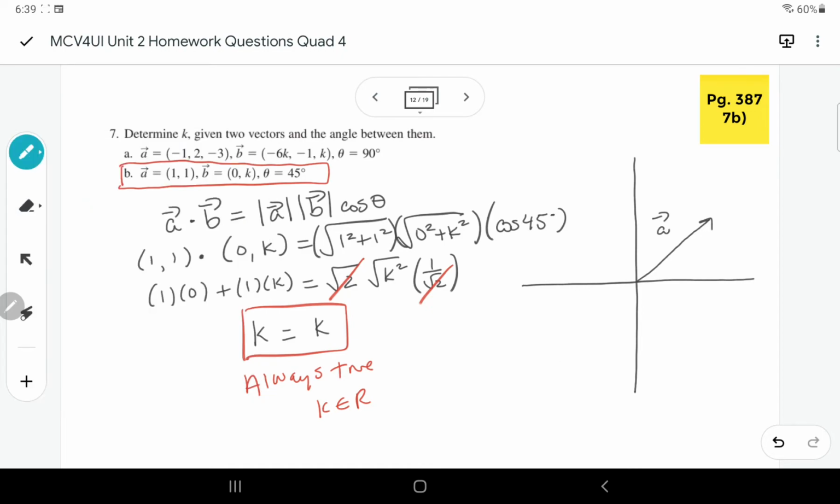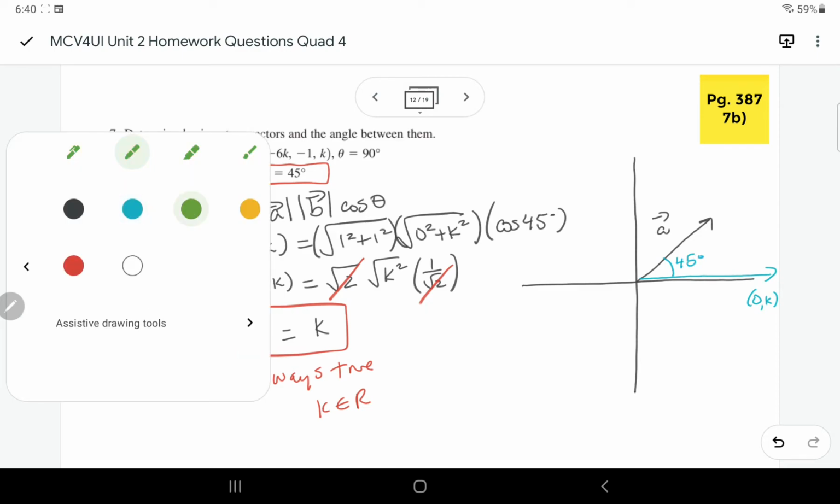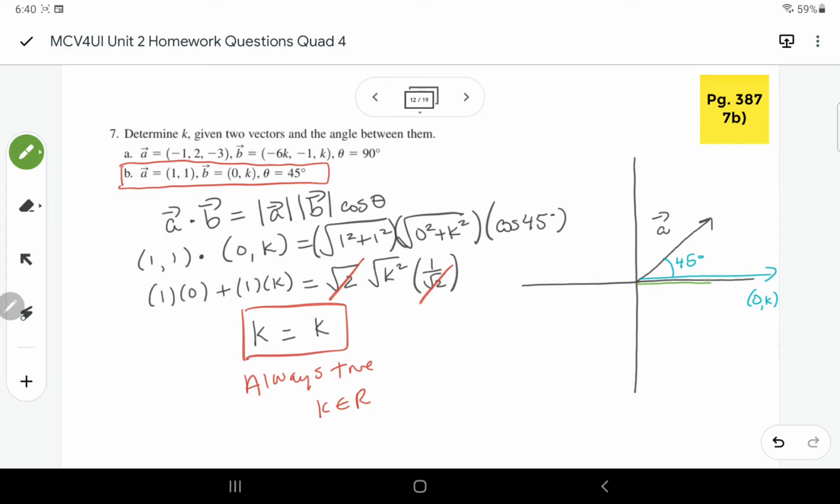And actually, I just noticed one thing that I did miss a little bit here. But I could have this vector be (0, k), and I end up with a 45-degree angle, no matter how big that k is. So if k is anywhere along there.